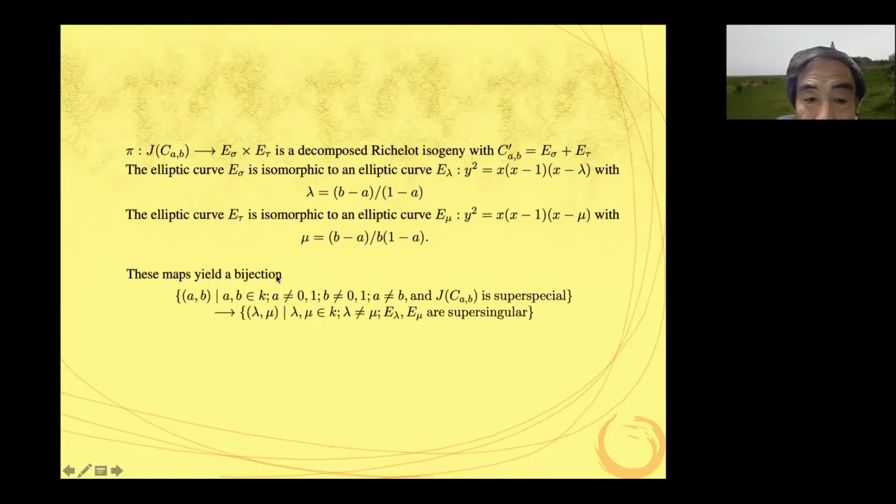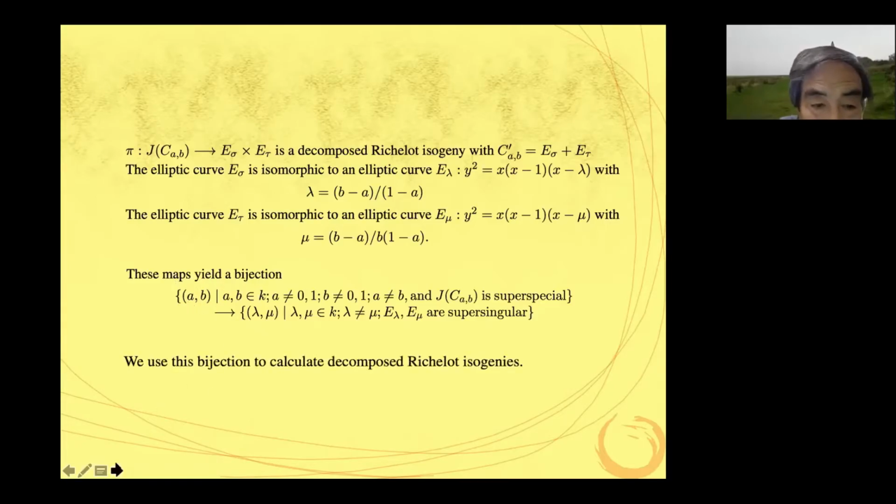This map is a bijection from the set of (A, B) to (lambda, mu), like this. This is a bijection. So using this set, we can count the number over here. So we can also count the number over here. So we use this bijection to calculate decomposed Richelieu isogenies.